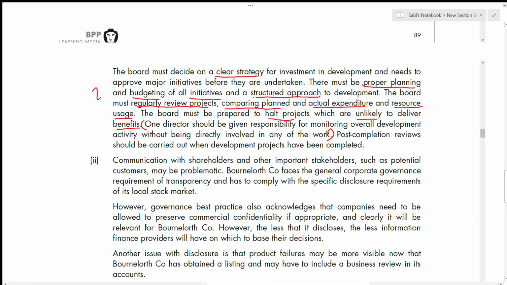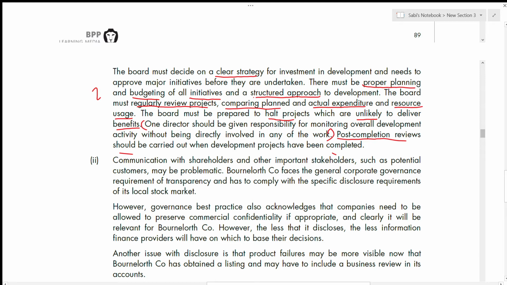Post-completion review should be carried out when the development projects have been completed. All this, if you see, is taken from your project management. In SBL also you must have studied it, if you have studied SBL before this, right? So all these post-completion reviews, monitoring projects, comparing projects, having a structured plan, all these are steps of project management.